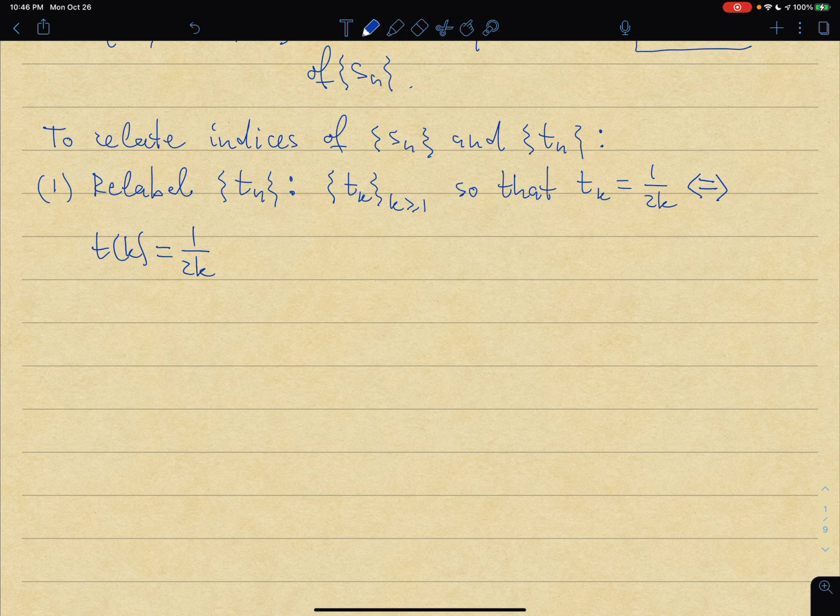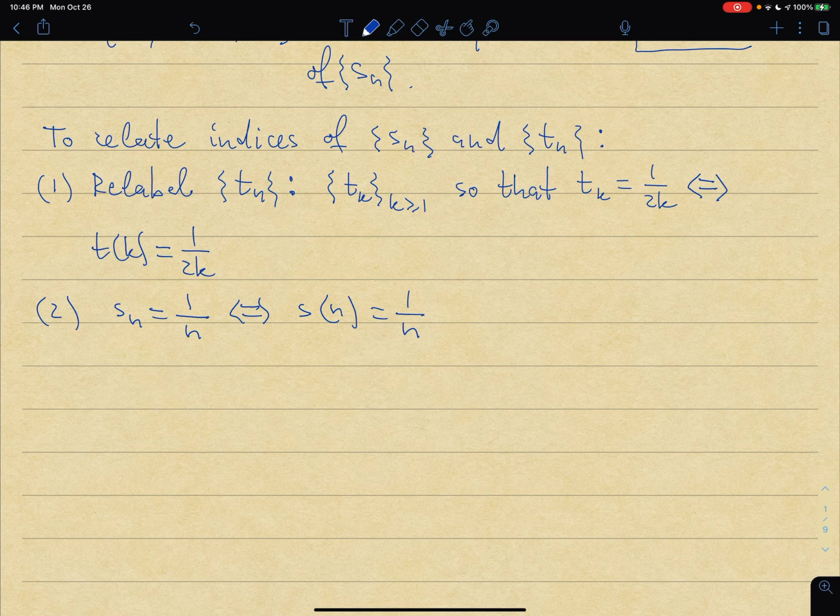So now let's look at Sn. I know that Sn is equal to 1 over n. And I can write this in an equivalent way as S of n equal to 1 over n.